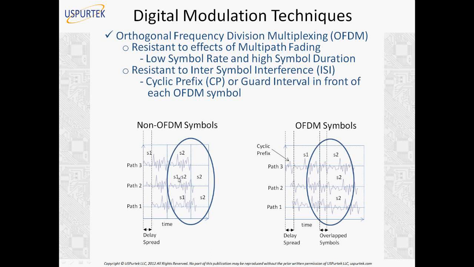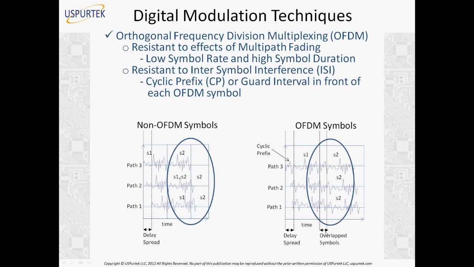The situation is much better. In this particular time interval, you have only S2. In the overlapped part, you only have the cyclic prefix, which is overlapping. And even if it overlaps part of the other signal, we still have a copy of it available in the other part of the signal. So having a cyclic prefix in front of the OFDM symbol helps reduce inter-symbol interference and the multipath fading effects.